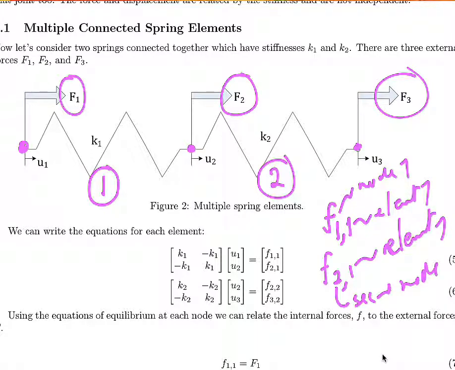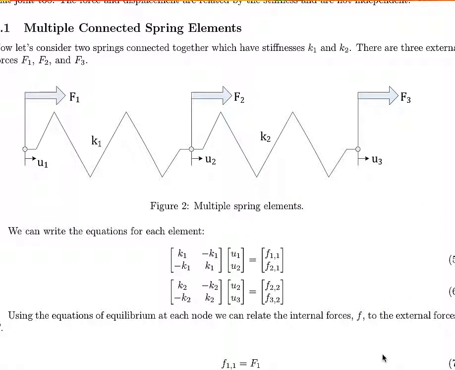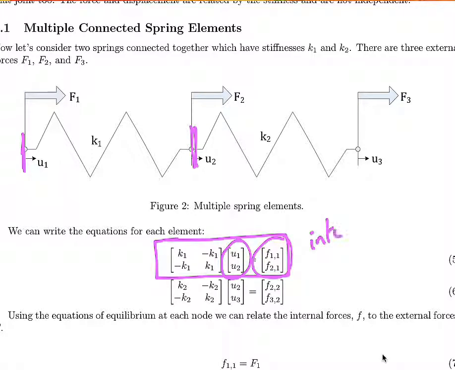So with that, we can rewrite the equations as if this element here is separate by itself. If separate by itself, we would write it exactly the same as we did for a single spring, that is stiffness matrix times the displacement vector is equal to the force vector. Now this force vector is internal forces. We'll come to that point in a little bit.